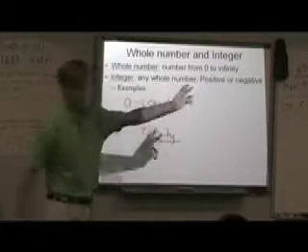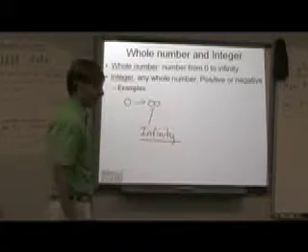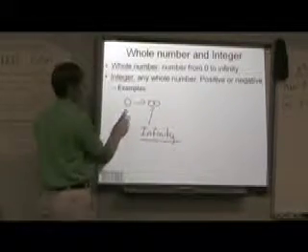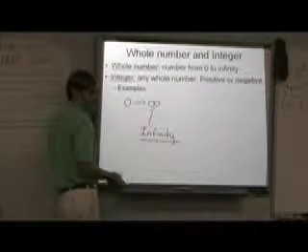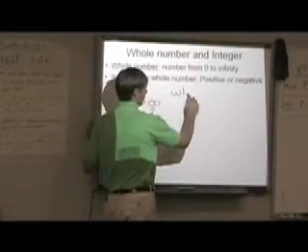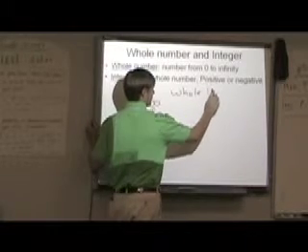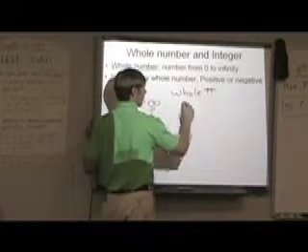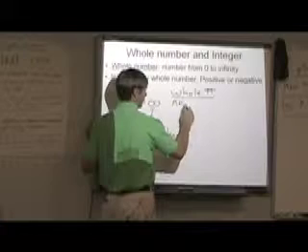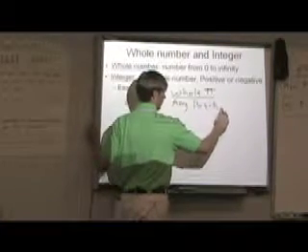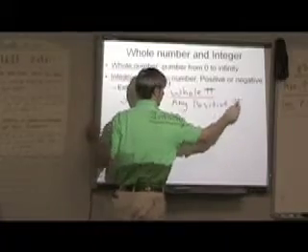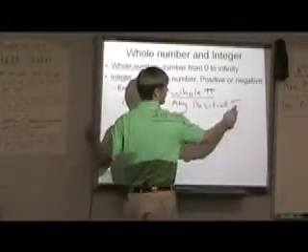Numbers go forever. Okay? So a whole number is one that goes from 0 to infinity. In other words, it's positive. So a whole number is any positive number. Any positive number is a what?